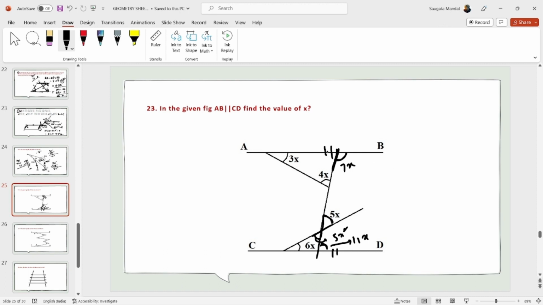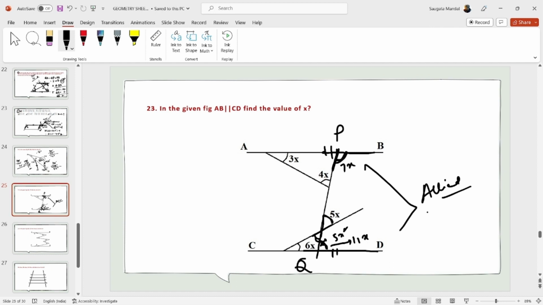And we know that these lines AB and CD are parallel to each other, and PQ is a transversal on these two lines. So BPQ and PQD are both allied angles.